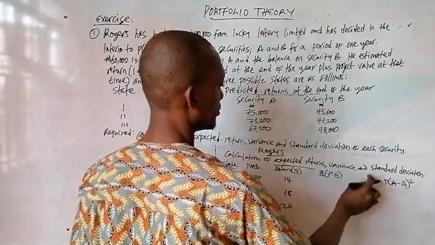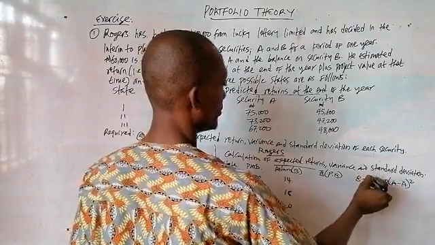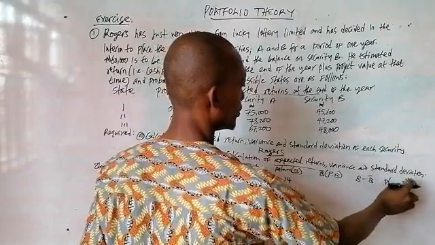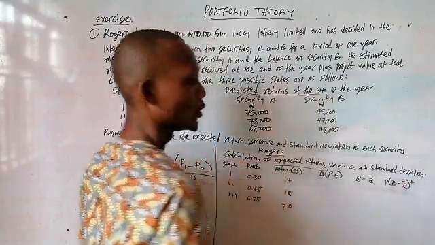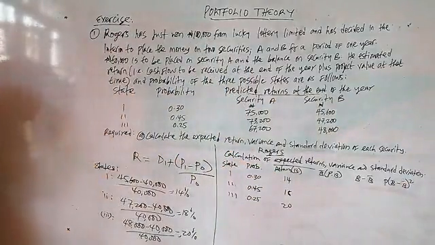So this is B, B minus B bar, because we are solving for project B now.